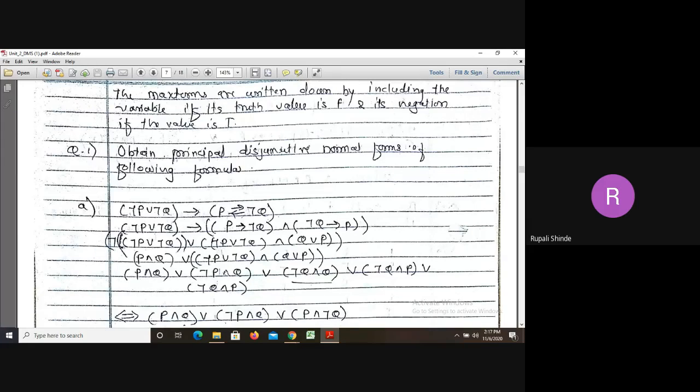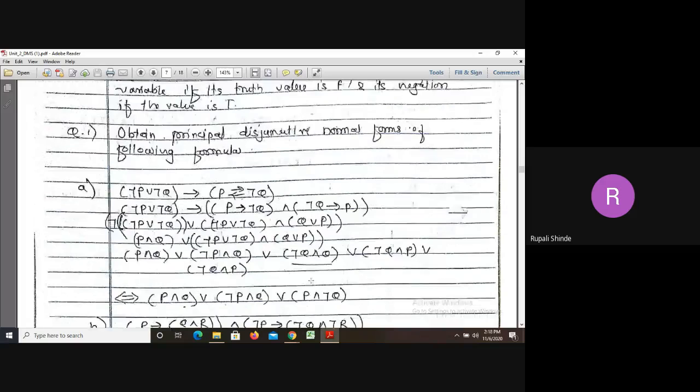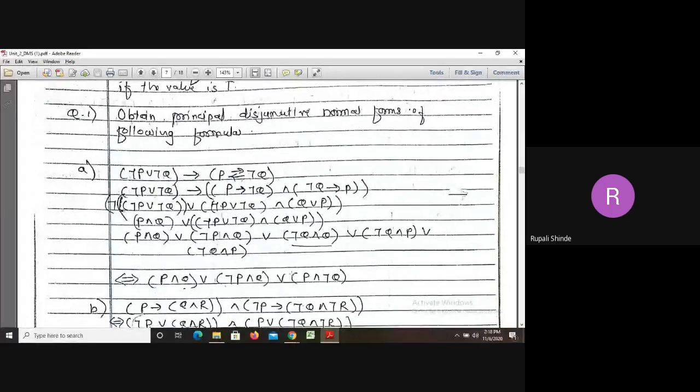Again the value of negation P and P becomes false. That's why I have not written that bracket here. Also the value for negation Q and Q, again the value for this bracket is false. That's why we can skip this bracket. Now check here whether there is any term which is repeated.